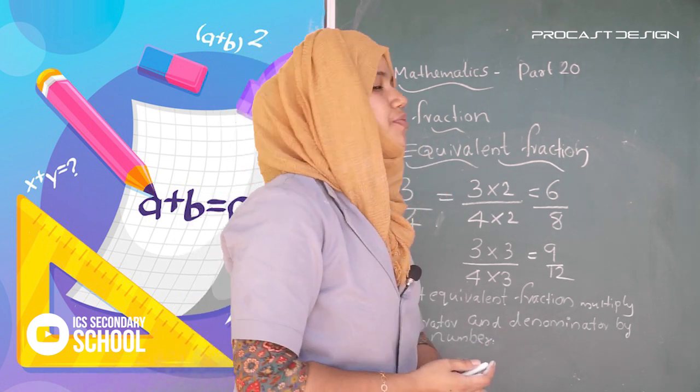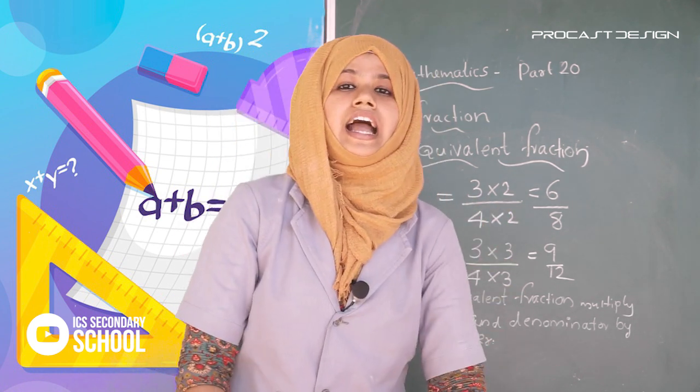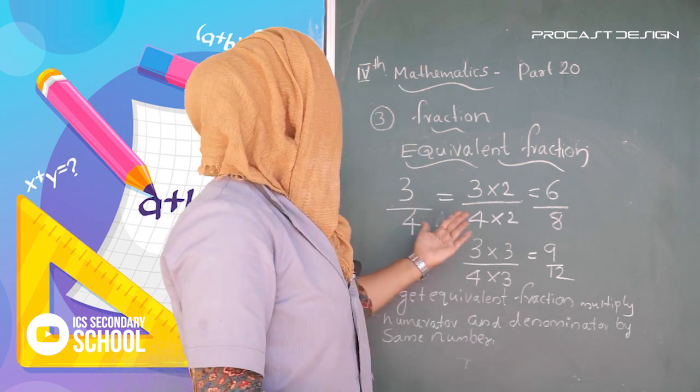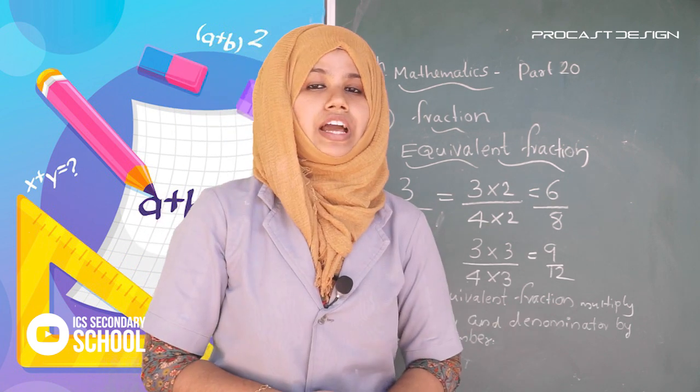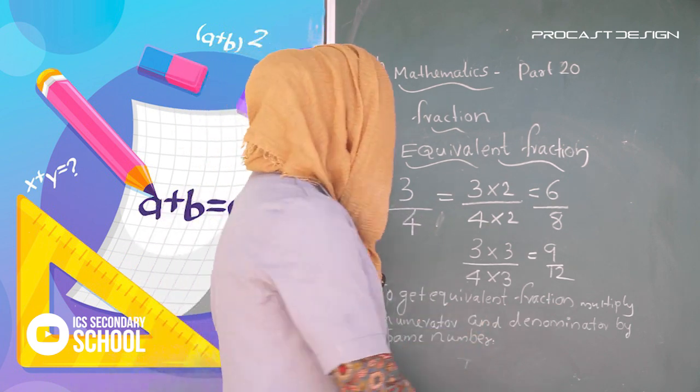So to get an equivalent fraction, multiply the numerator and denominator by the same number. So this is 6 by 8, 9 by 12. These are the equivalent fractions of 3 by 4. We have another example.